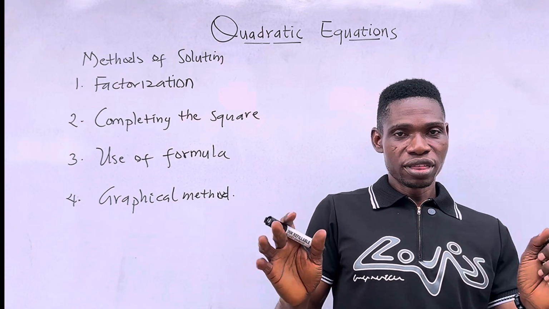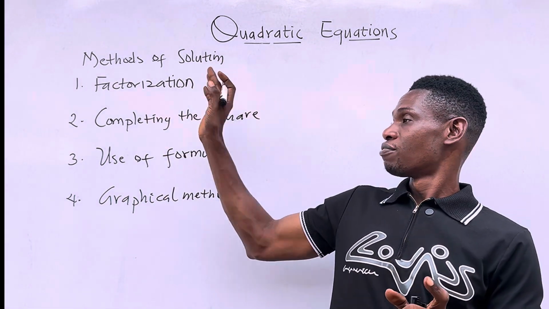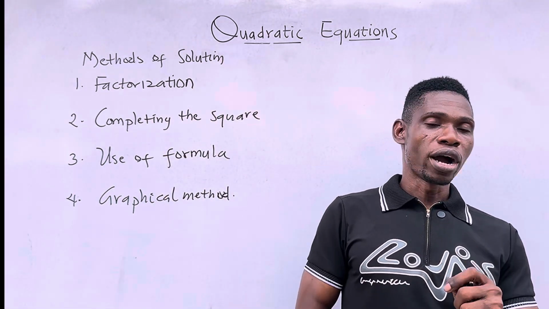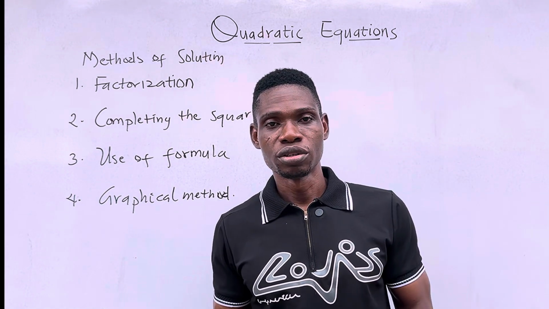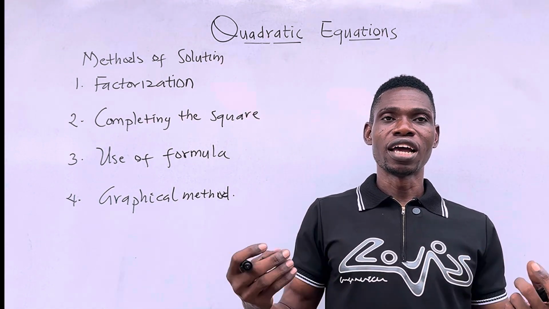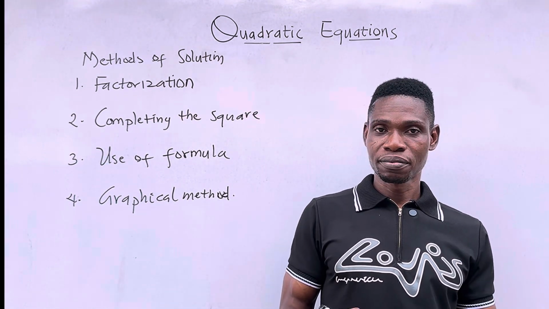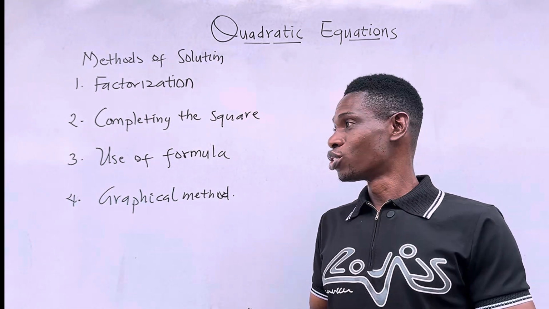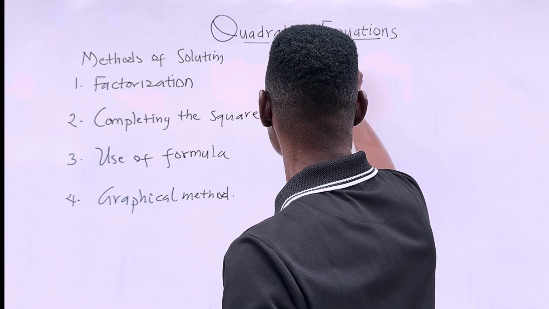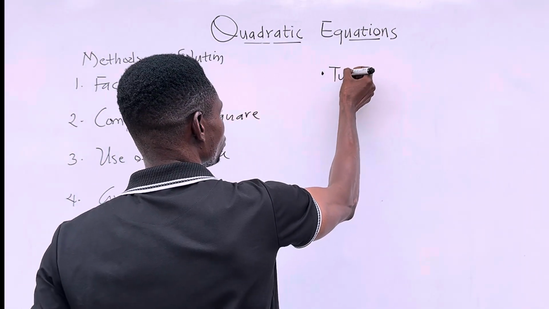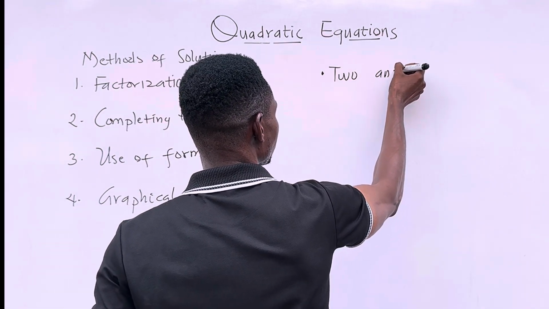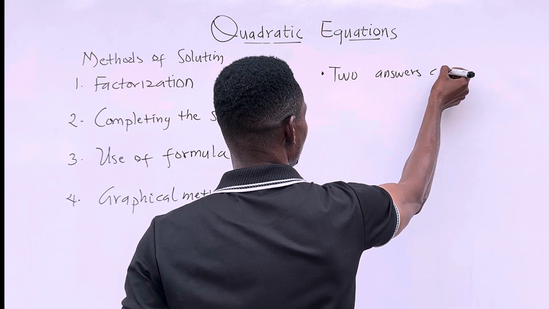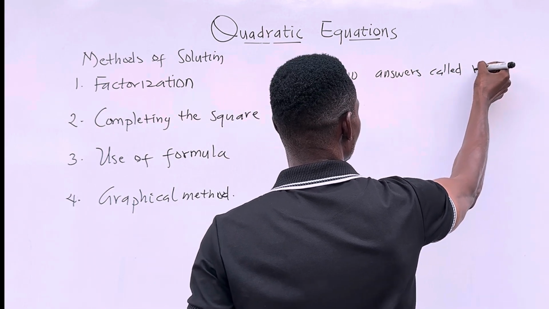Now, a few things to bear in mind before we start factorization method. 1, when you solve a quadratic equation, you generally have 2 answers. Now, those 2 answers, we call them the roots of the equation. So things to bear in mind. 1, you get 2 answers called roots.